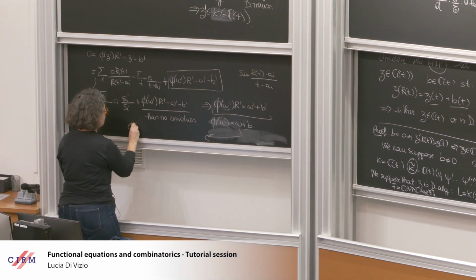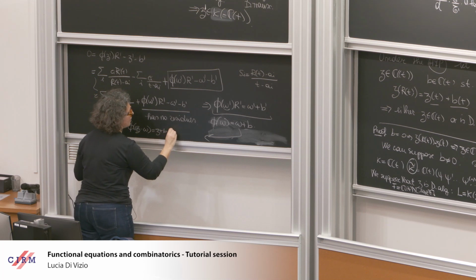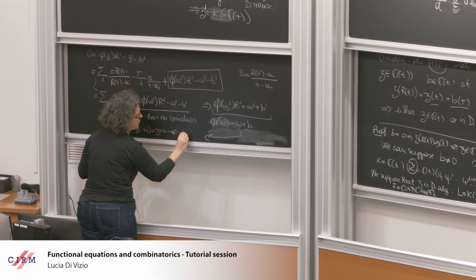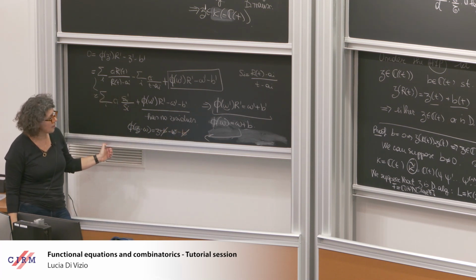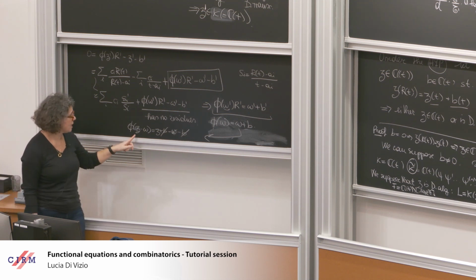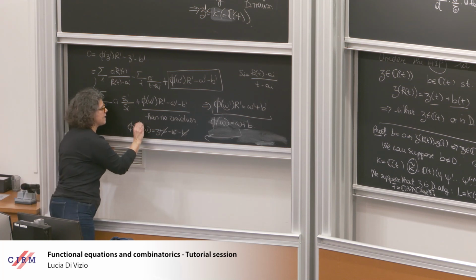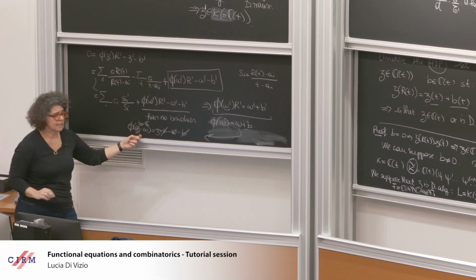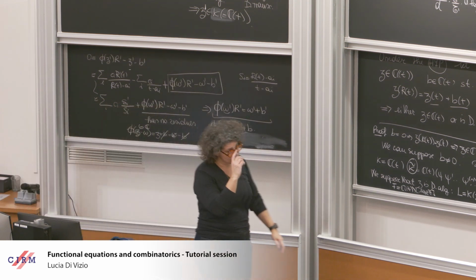So you have that phi of z minus omega is equal to z plus b minus omega minus b, and so it just cancels, because they are solutions of the same inhomogeneous functional equation. So they are invariant by this composition, and so this thing is in C. And so z is a rational function, okay?